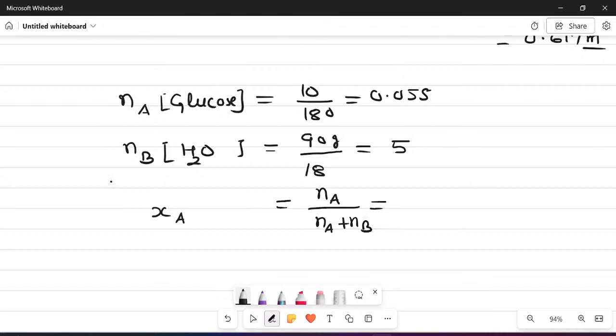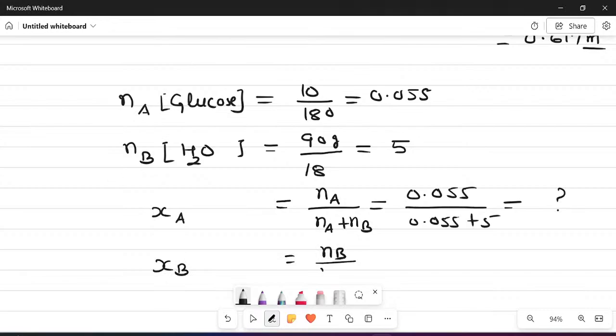What is Na? 0.055. So 0.055 plus Nb, Nb is 5. You can calculate this. Similarly, Xb is equal to Nb divided by Na plus Nb, that is 5 divided by 0.055 plus 5. So you can calculate this.